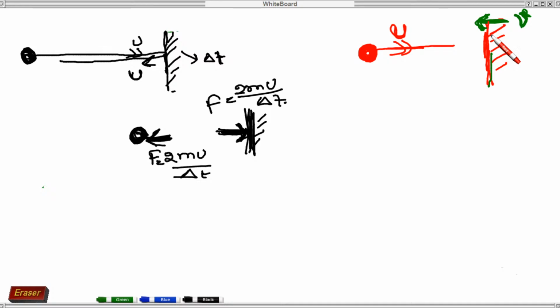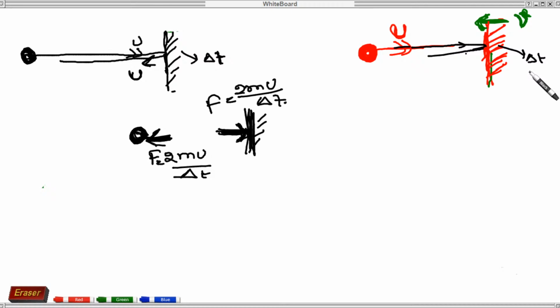Consider the same scenario: it strikes here, stays here for delta t time, and rebounds back.